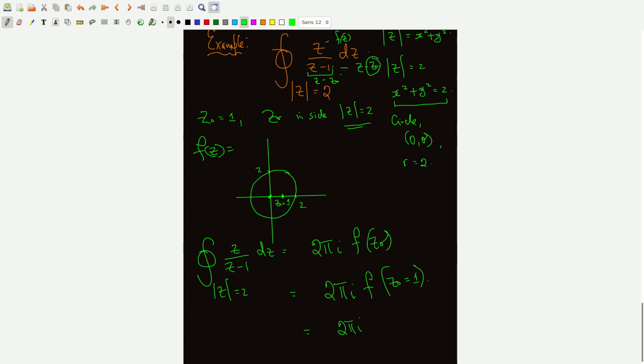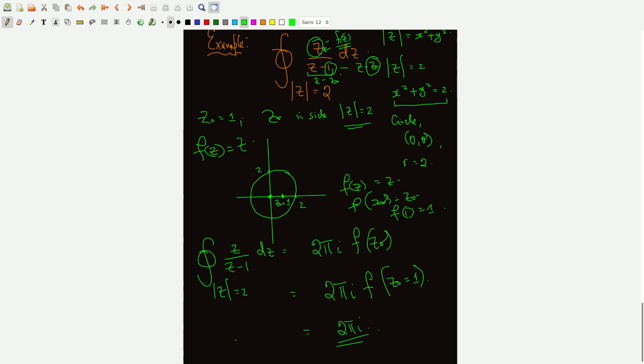Since z naught is 1, f of z is simply the numerator here, which is z. If f of z is z, then f of z naught is equal to z naught, so f of 1 is equal to 1, the value itself.